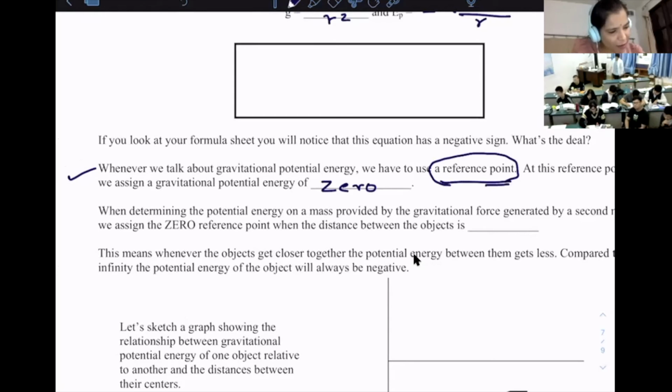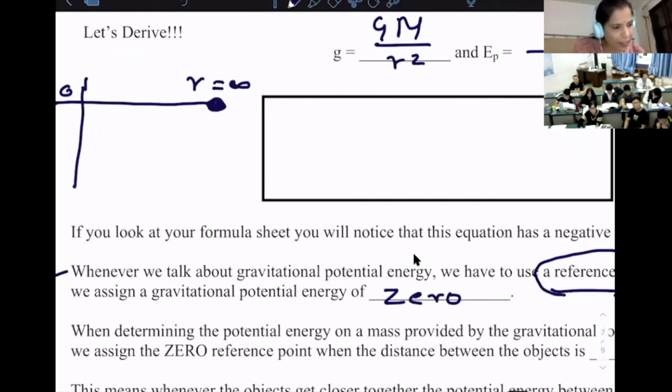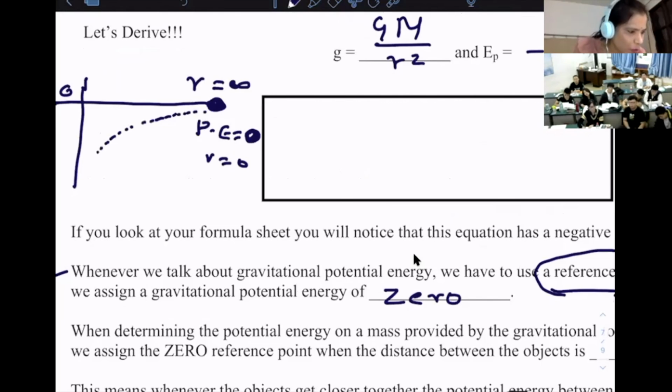So normally when we try to draw the graph for R versus E, here is our origin O, and this point is our reference point where R is infinity, PE is 0, V is 0. So this is our reference point where your gravitational potential energy is 0, and you are bringing the satellite from that point towards Earth.